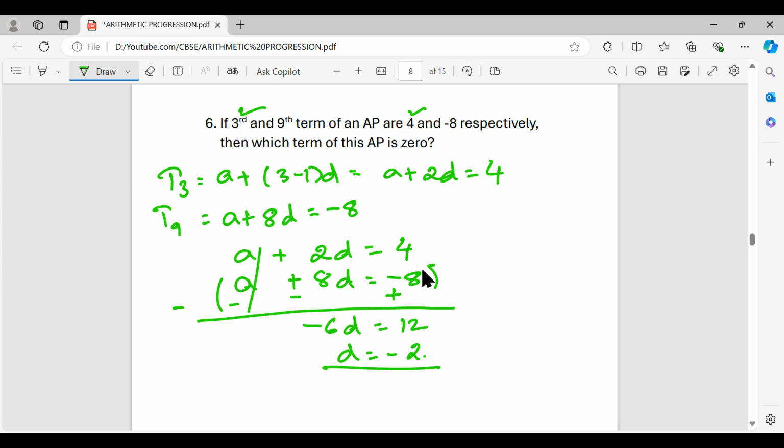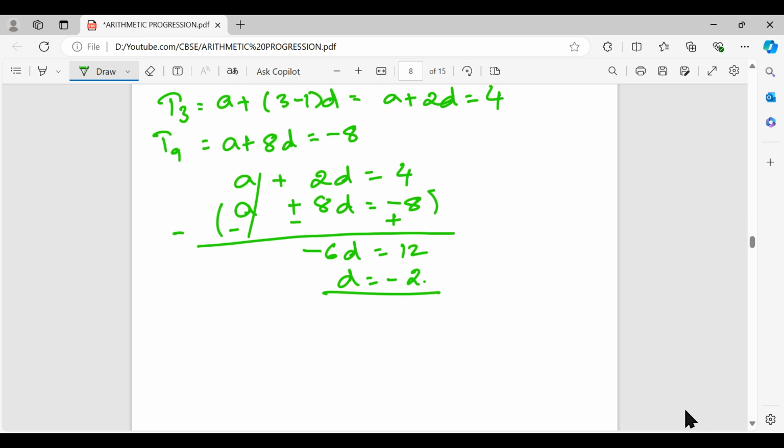Now to find the position of 0, I should also get the first term of this AP. So we can substitute d equals minus 2 in any of the equations. I will do a plus 2d equals 4, and then a plus 2 times minus 2 equals 4, and then this becomes a minus 4 equals 4, so 4 will come this side, and you get the value of a as 8.